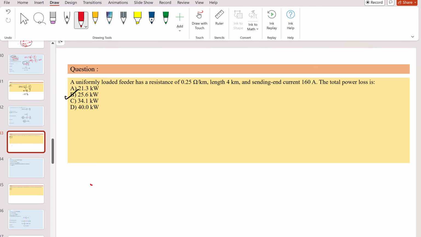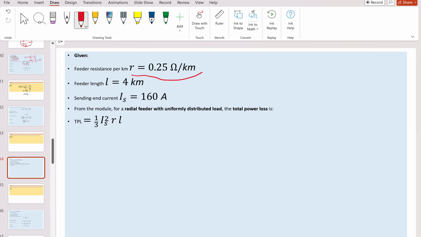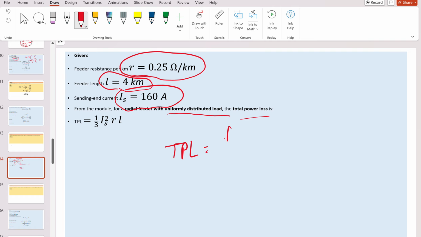Let me solve. What is given here is that r is 0.25 ohms per kilometer, length is 4 kilometers, and Is is 160 amps. So in the radial feeder with uniformly distributed load, total power loss will be equal to 1 by 3 times Is square rl. I am not going into the definition part here, you can see that from your end.